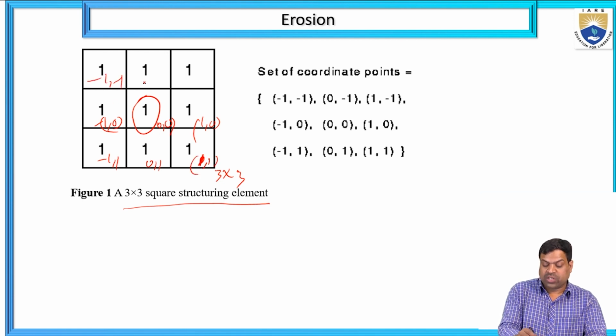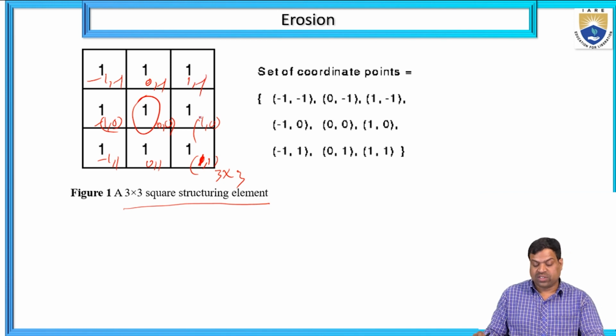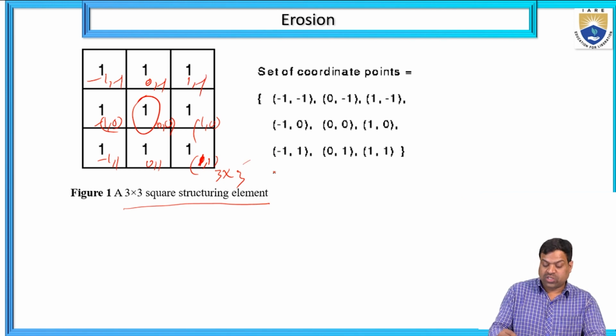Here -1, -1, 0, -1, 1, -1, like this. How many are there? 2 cubed equals 8 coordinates, so a total of 3 by 3 means 9 pixels with 9 coordinates. So there are 8 possibilities, 0 to 8, total 9 coordinates.